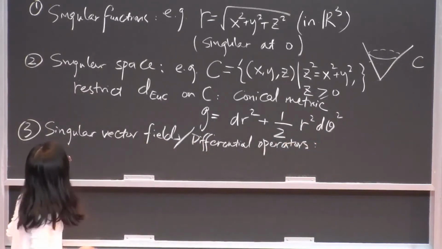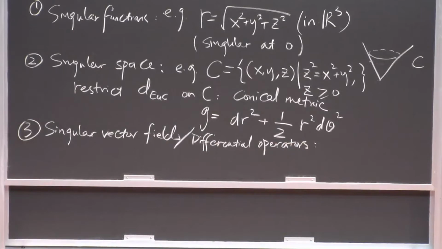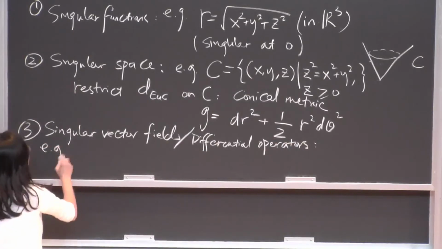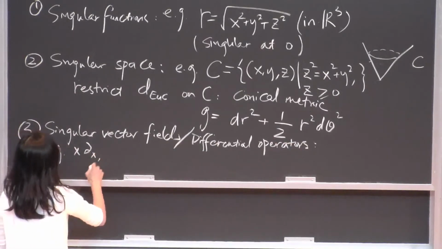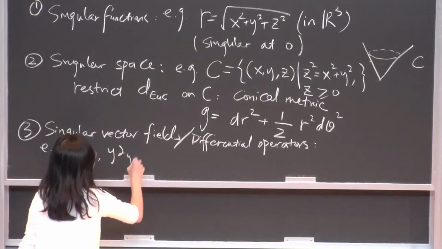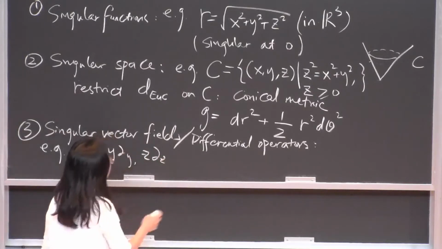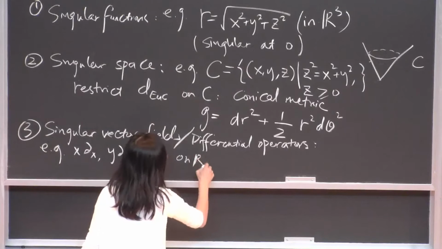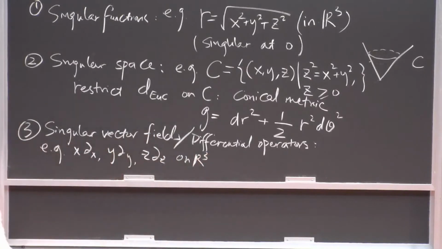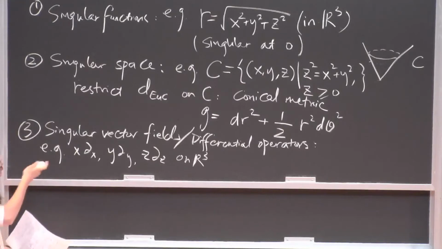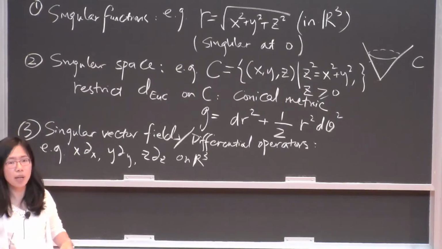When I say singular vector fields, for example, think about the vector fields x dx, y dy, and z dz on R3. Again, we can say they're smooth, but they degenerate at the central point, and there's a problem.